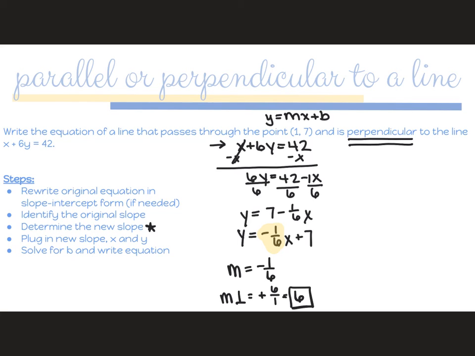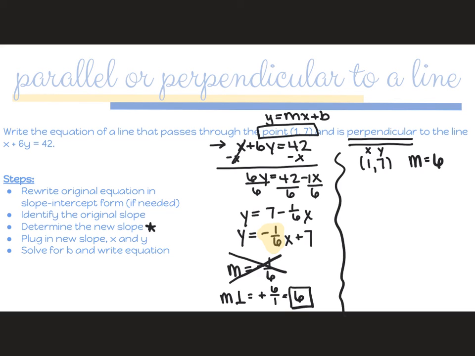Once I get my new slope, I no longer am interested in the old slope. I'm also not interested in the equation that they gave me. Remember they say through the point 1, 7. So now I have 1, 7, which gives me x and y, and I have my new slope of 6. With that information, this is exactly like our previous examples.